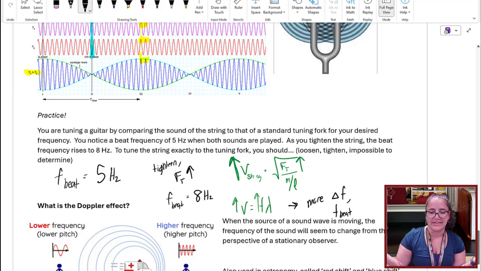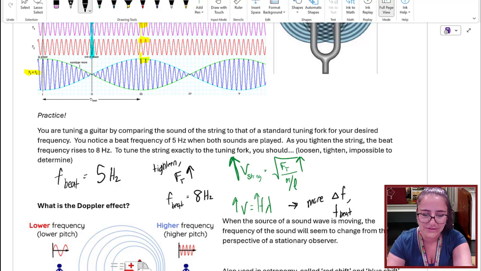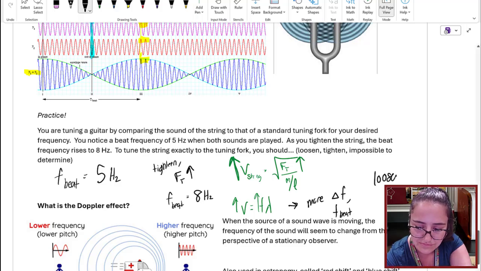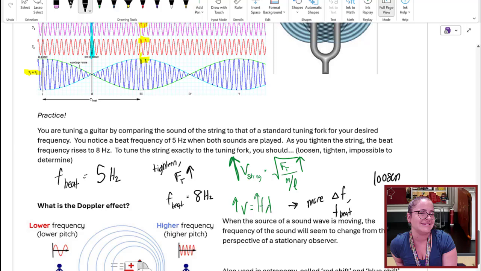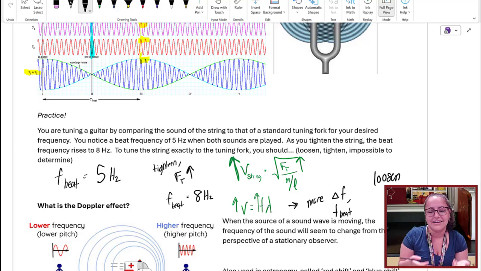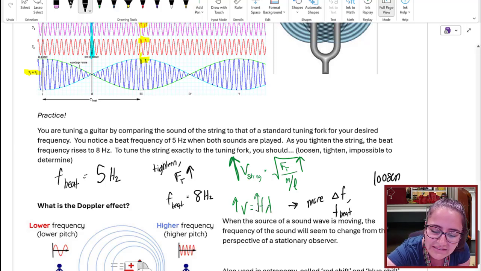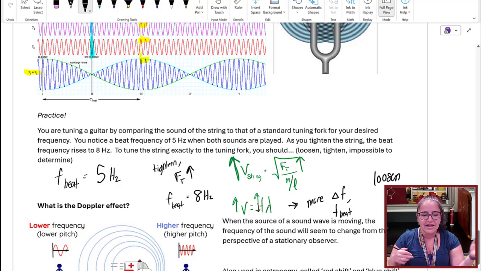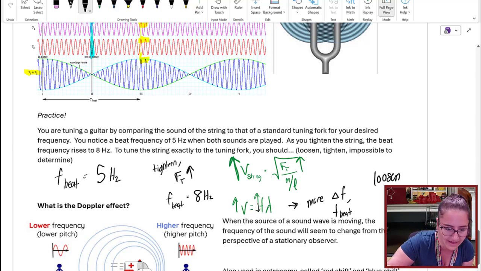So to get them closer to each other, then we should loosen it. Which kind of makes sense, obviously. We need to go the other direction. But again, the reason for that is because if we loosen it, that is going to decrease that frequency and bring our two closer together.